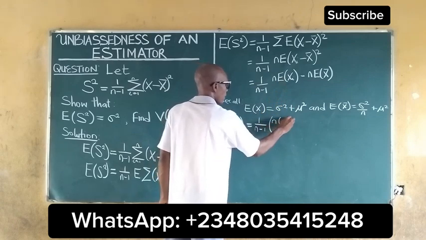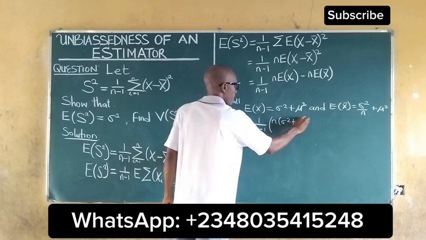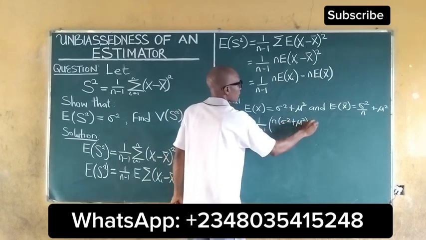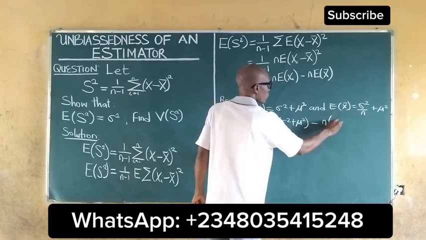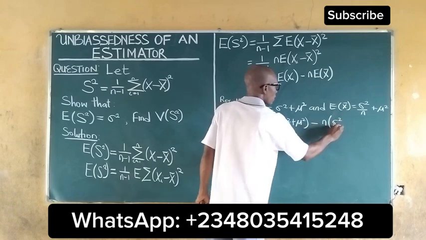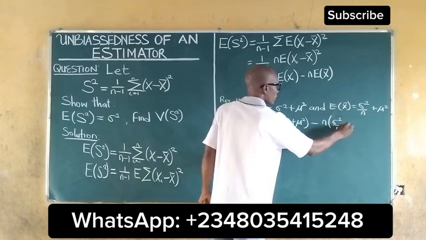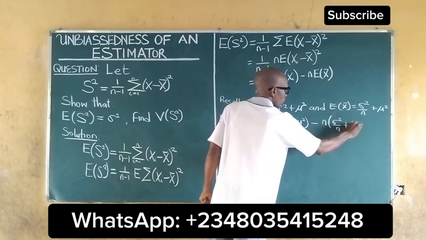n multiplied by this, minus n into sigma squared all over n plus mu squared.